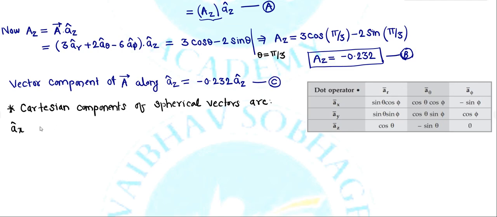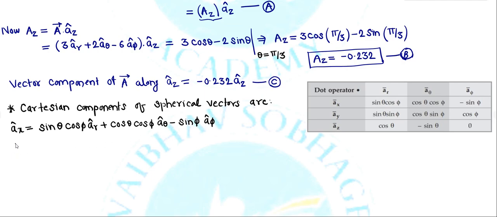So AX has sine theta cos phi AR, plus cos theta cos phi A theta, and then minus sine phi A phi.